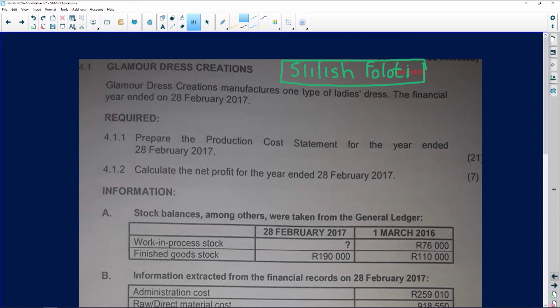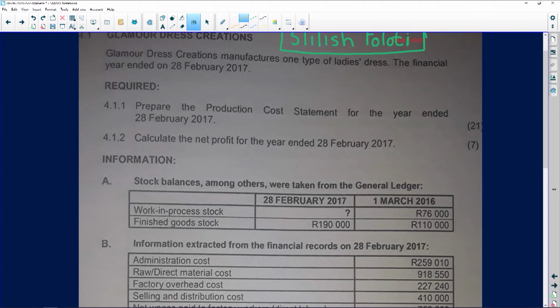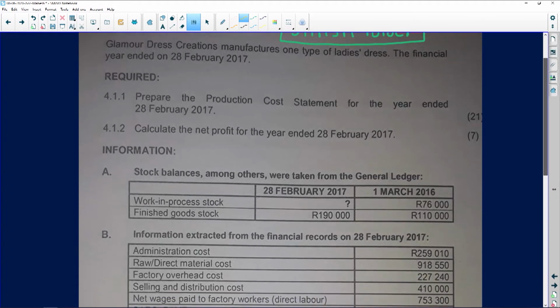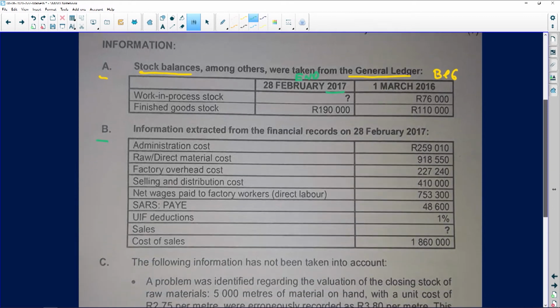Okay, right, so let's now get started with an actual question. In this particular question, I want to go through the information first, and then we'll look at what is required. Looking at information A, I'm given stock balances from the general ledger. Remember, 1st of March 2016 is the beginning of the year, and then 28th of Feb 2017 is obviously the end of the financial year. Then information B, information extracted from the financial records on the 28th of Feb 2017.